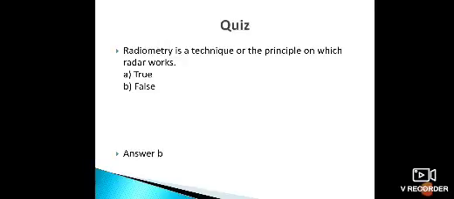It does not use any radiometry. It just works on the principle of sending signals from the transmitter and receiving the echo signals from a target at a distance, and those echo signals are received by the receiver. It is a simple principle involved in radar working. It does not involve any radiometry technique.